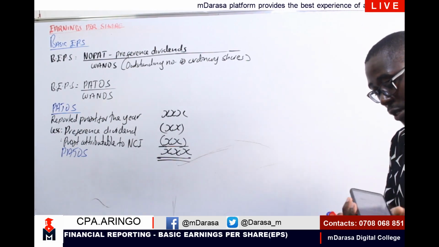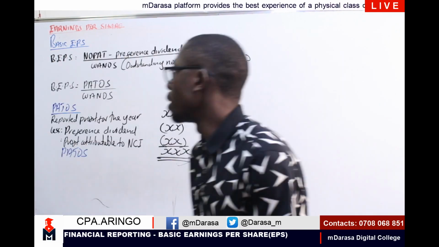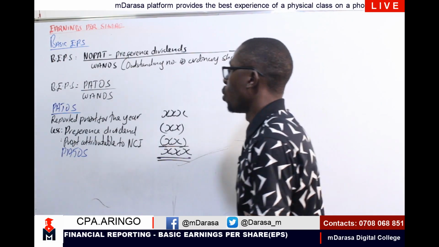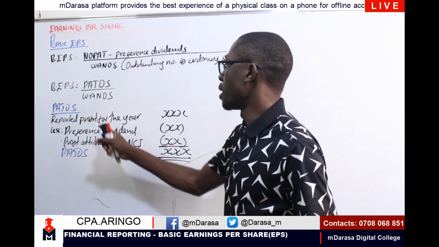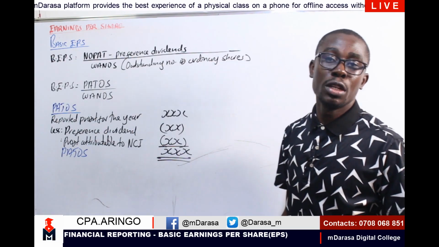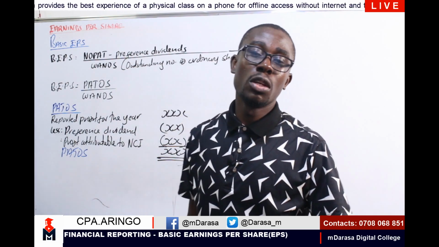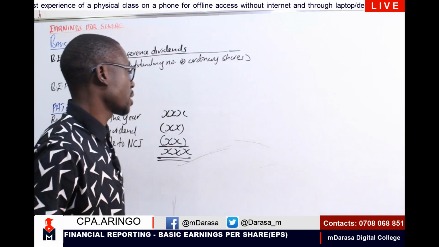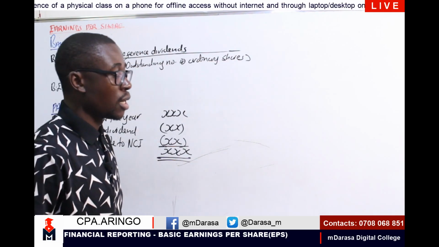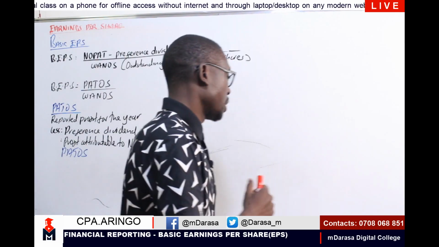Recall, when we were looking at our first video on diluted, we were adjusting our weighted average number of ordinary shares for those that were probably converted, or options that were exercised. But that one, you're going to look at when we'll be looking at diluted EPS. Our focus today was basic EPS.